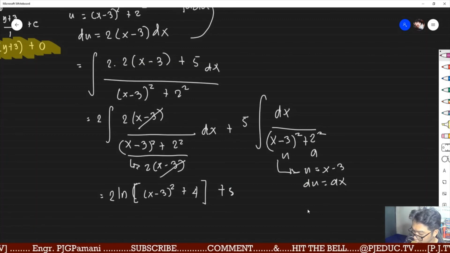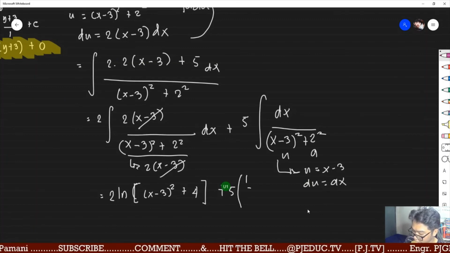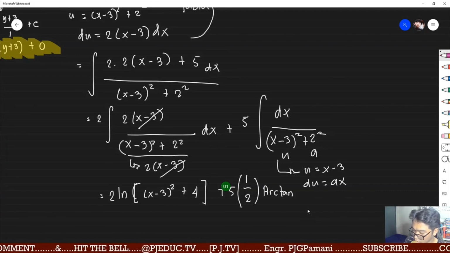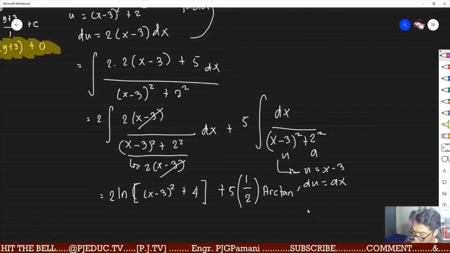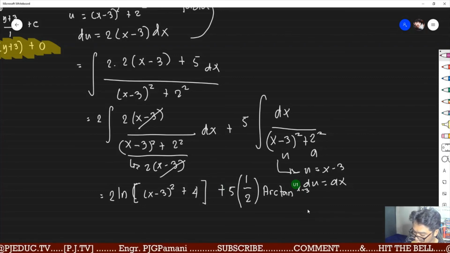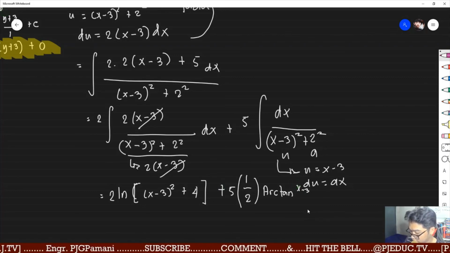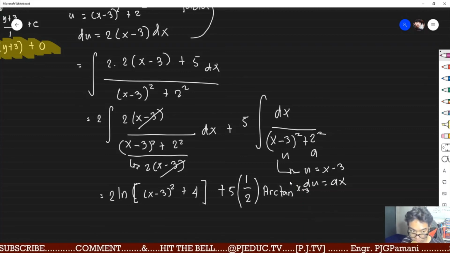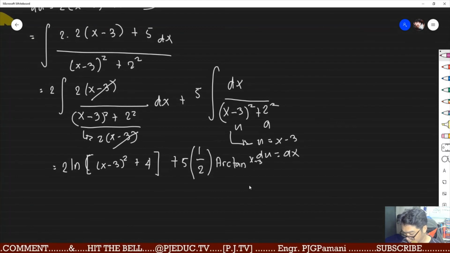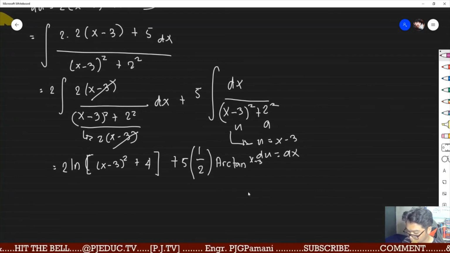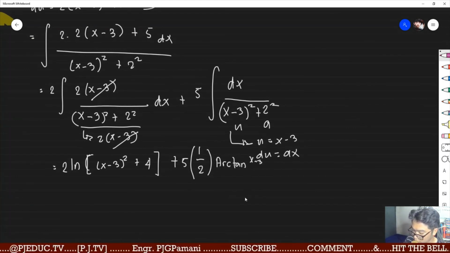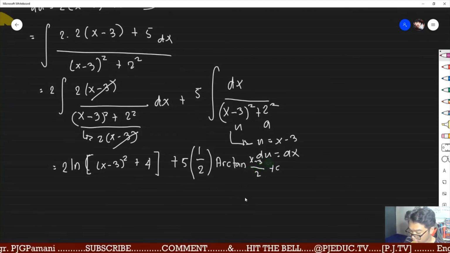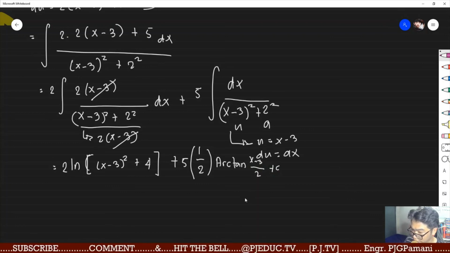That is 5 arctan, 1 over A. So, 5 halves arctan U over A. X minus 3 over A is 2 plus C. Simplify further.